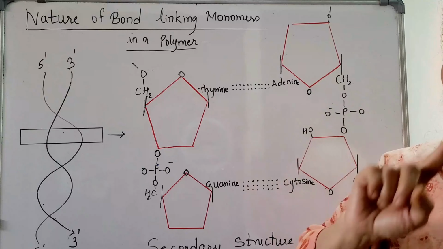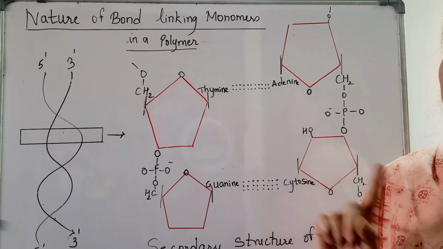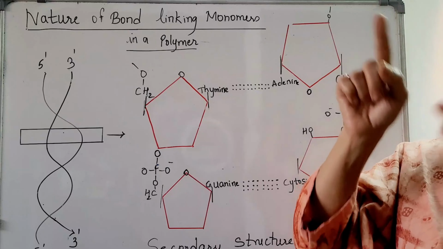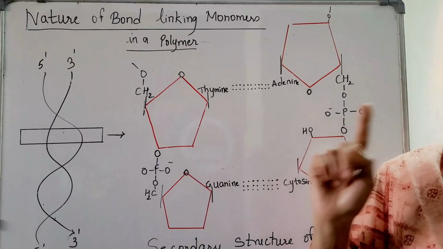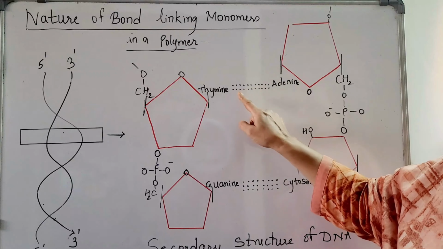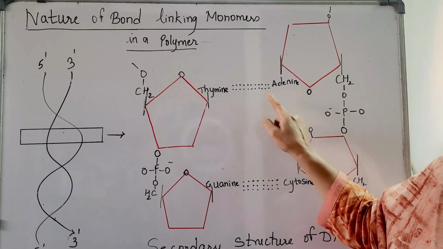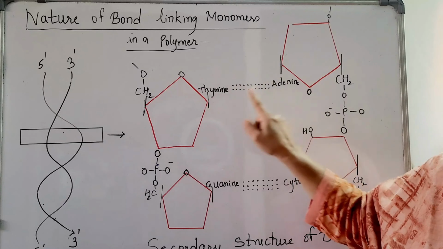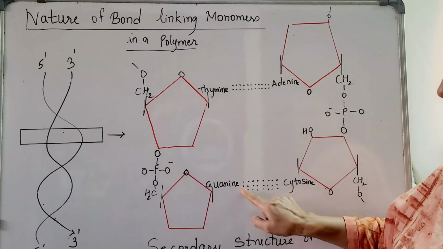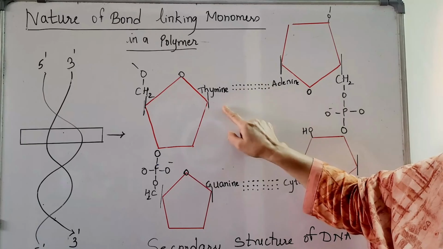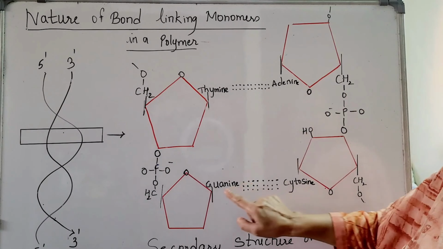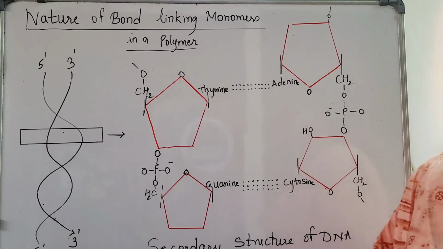So they will form a helical structure. They are anti-parallel and they twist with each other. They are bonded by hydrogen bonds formed between the nitrogenous bases. Here two bonds between thymine and adenine, three bonds between guanine and cytosine.